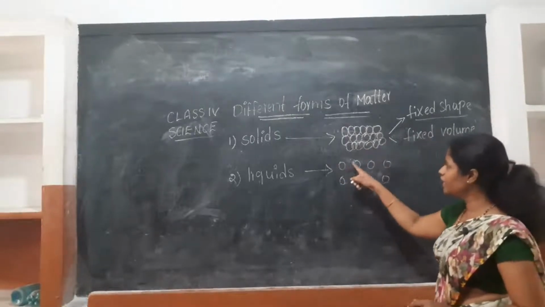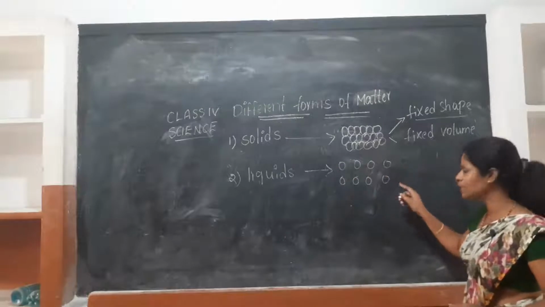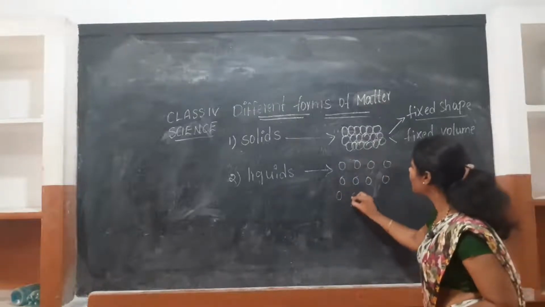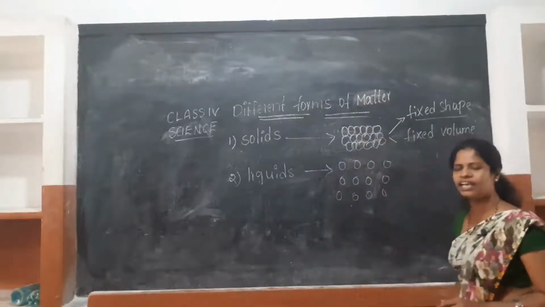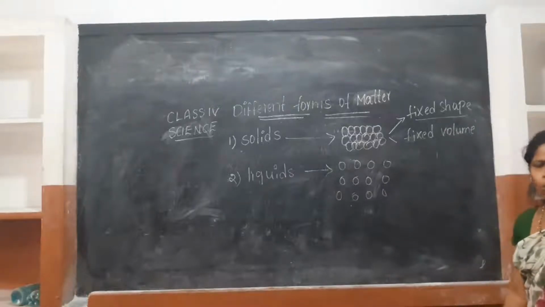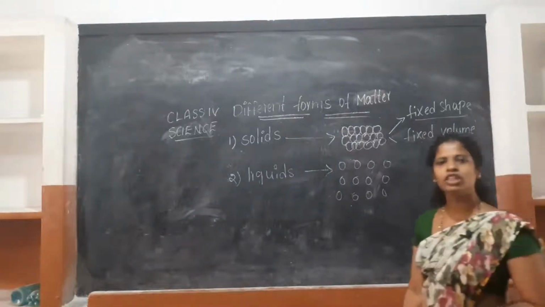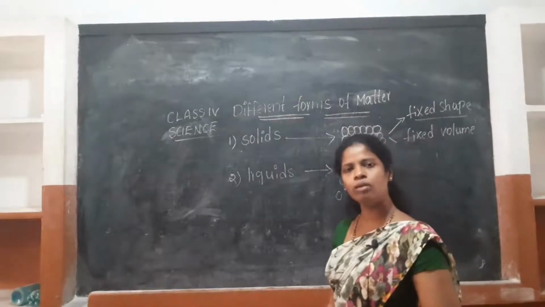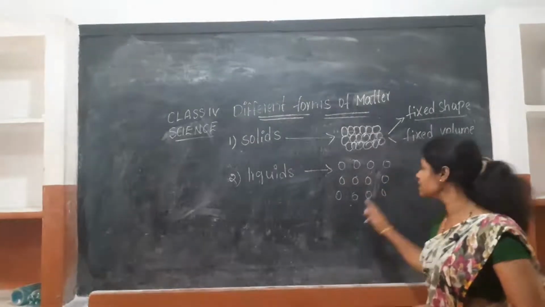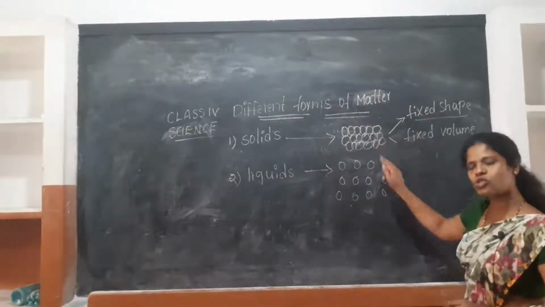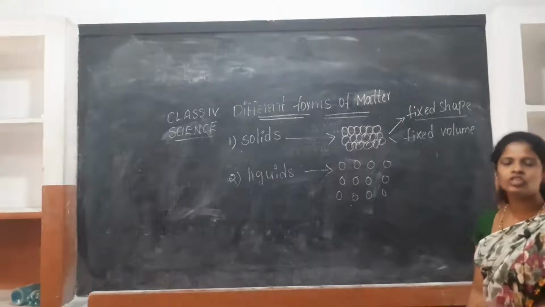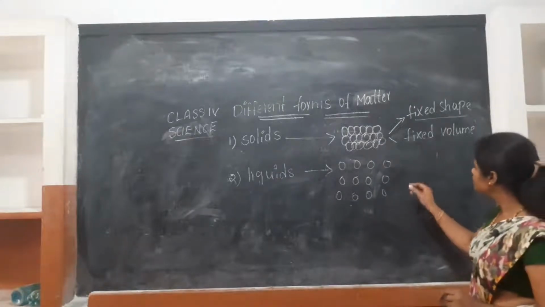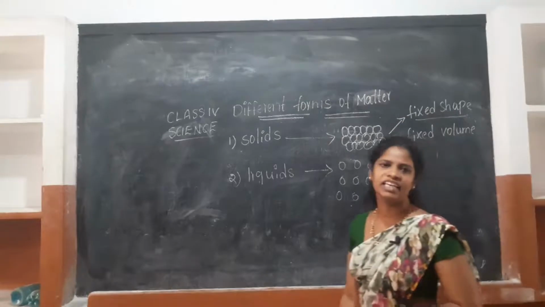If you look at the arrangement of atoms or molecules in a liquid, they are a little far away from one another, so the force of attraction between the molecules is also less when compared with solids, and it takes the shape of the container, children.